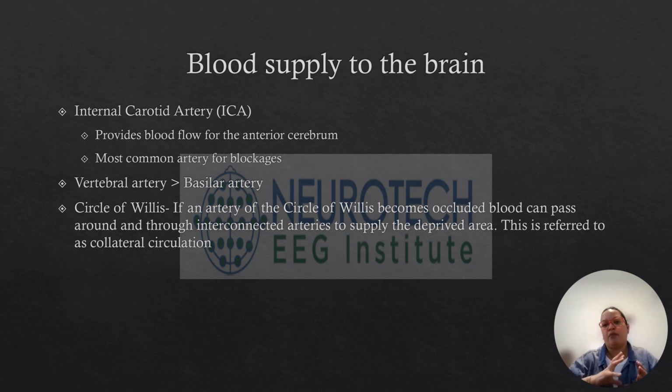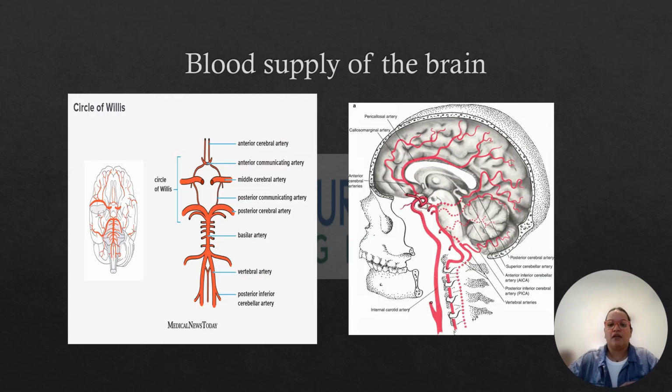So that's why the circle of Willis is important. If something happens at some level in the brain vasculature, then the circle of Willis is going to make sure that some blood gets to that region, okay?